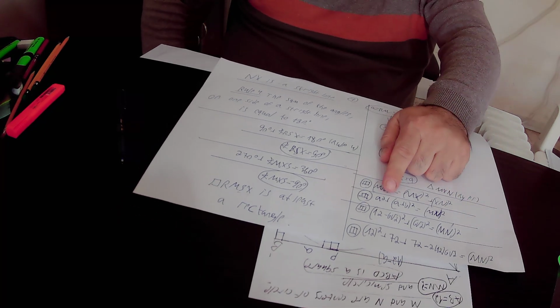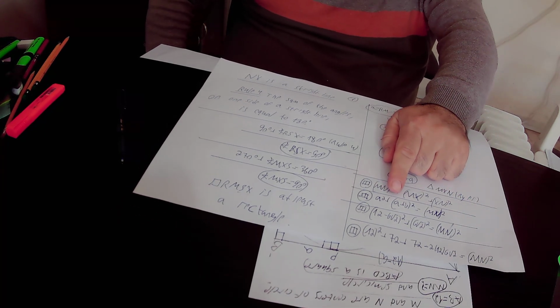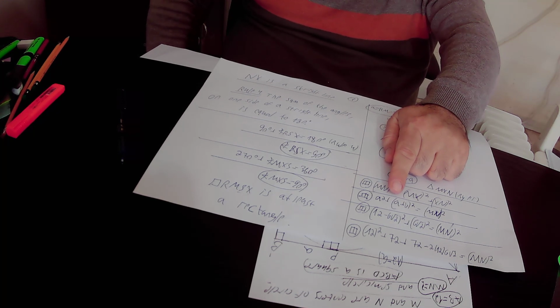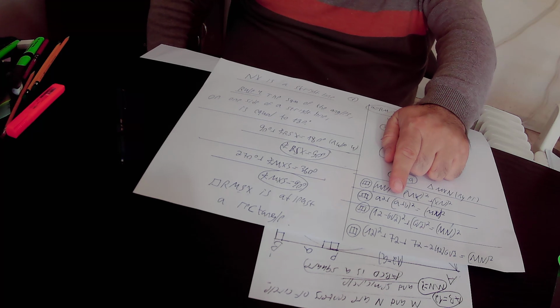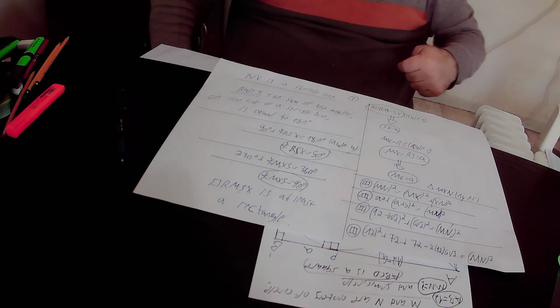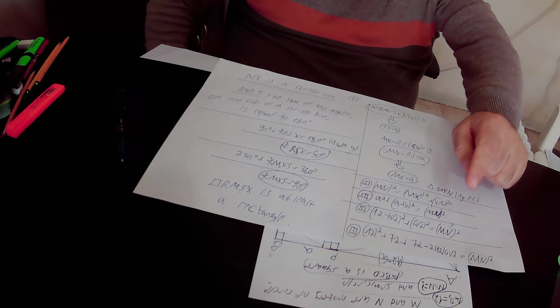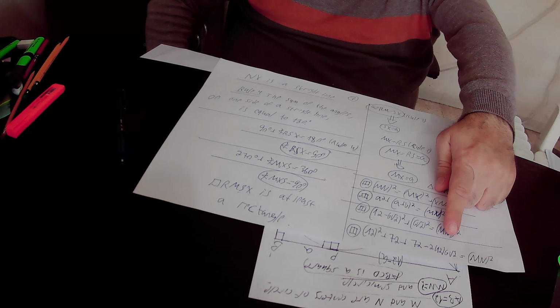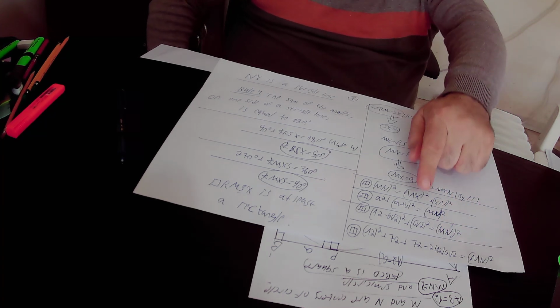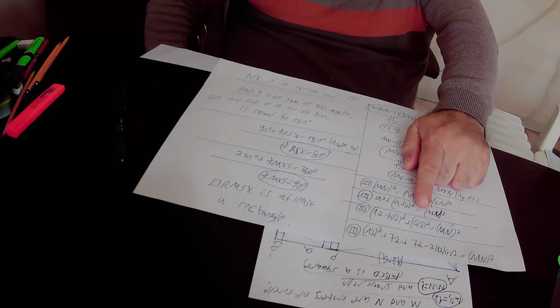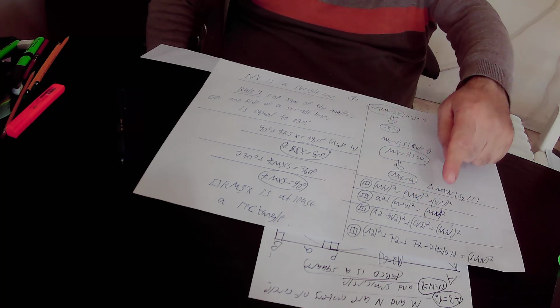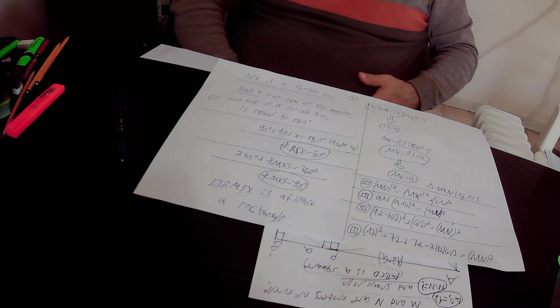We open the brackets here. (12 minus 6 times square root of 2) squared is 12 squared, plus (6 times square root of 2) squared, which is 6 squared, 36, times square root of 2 squared, 2, and 36 times 2 is 72. Minus 2 times 12 times 6 times square root of 2, and we also have (6 times square root of 2) squared, which we have already found is 72.